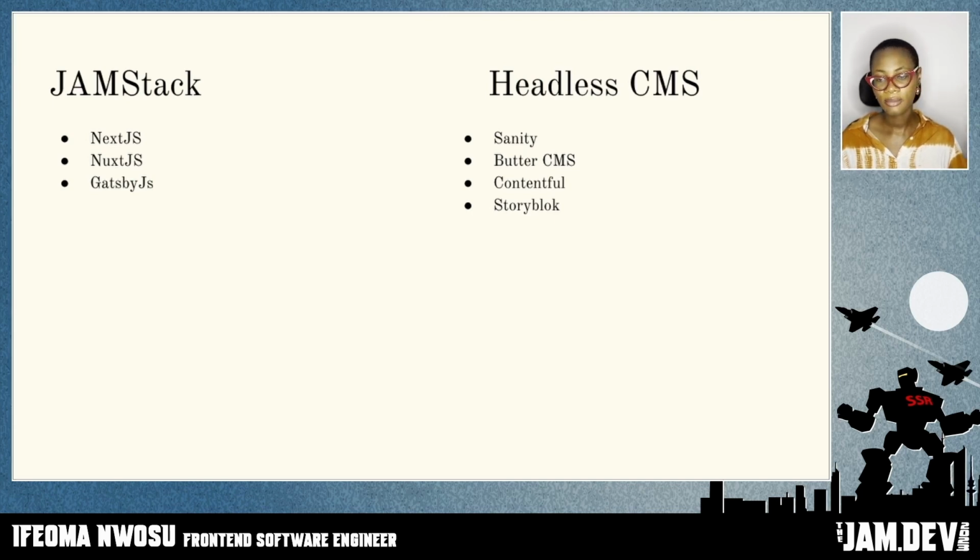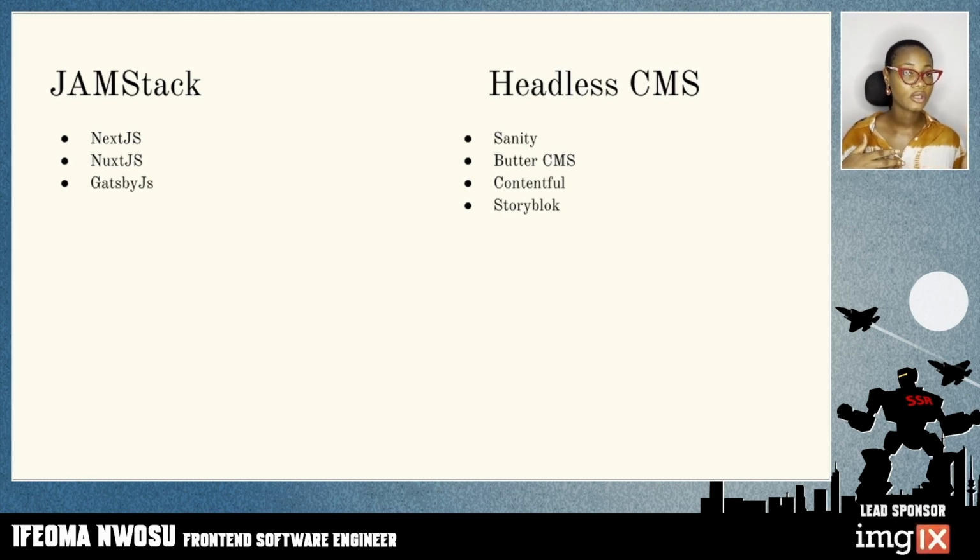Now, all of these CMSs serve their content making use of the REST API. The headless CMS provides APIs to be consumed, and this gets consumed by the application in the JAMStack tool, for example, Next.js or Nuxt.js.